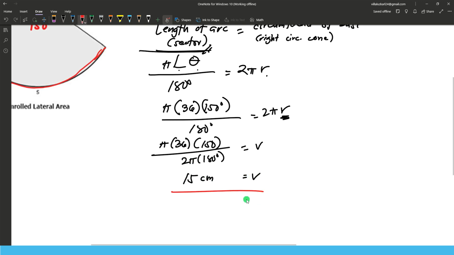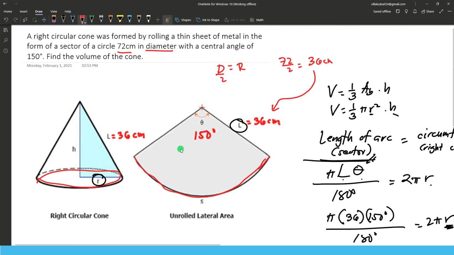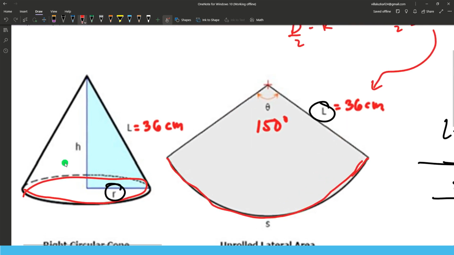We have a radius, but we don't have the altitude h. To compute h, given r, which is 15, we use the Pythagorean theorem again: L squared equals h squared plus r squared.